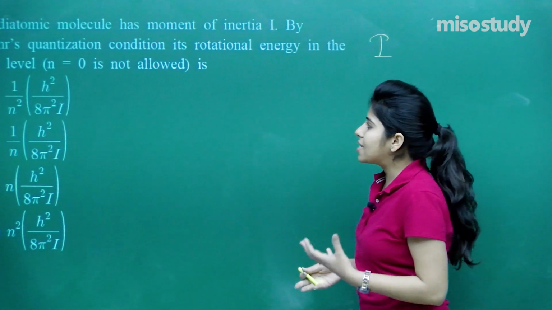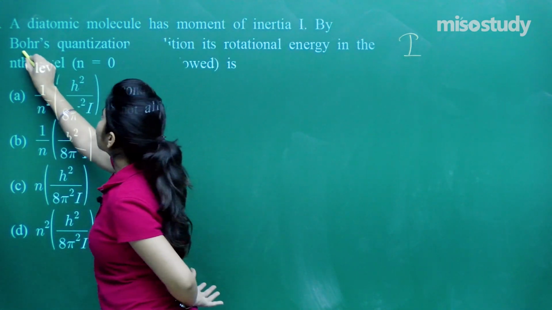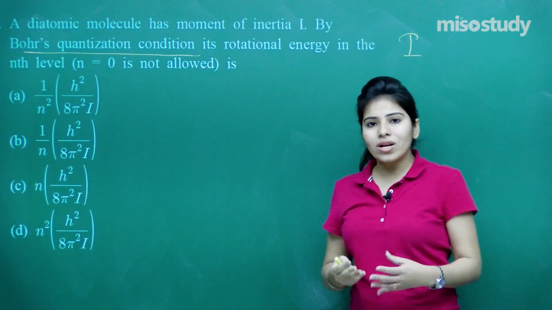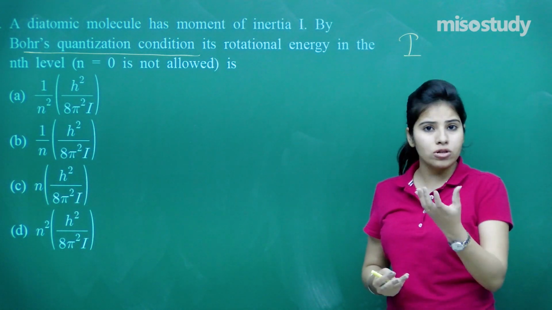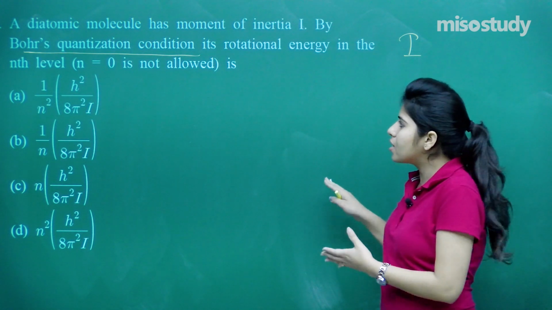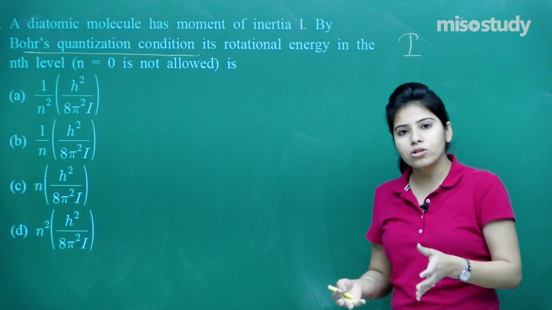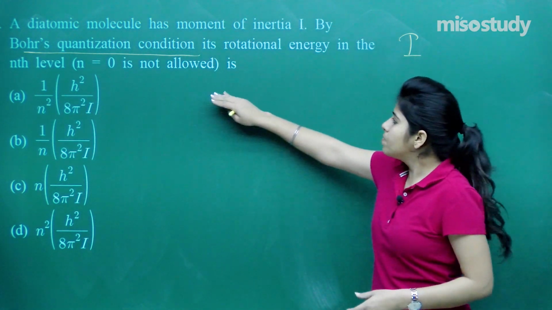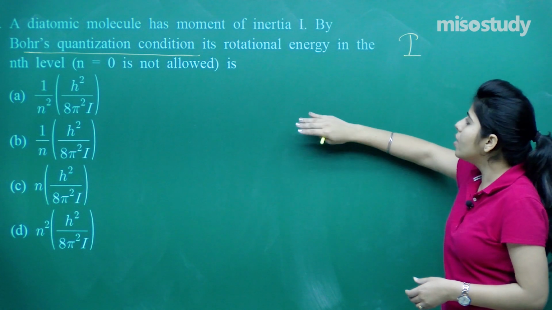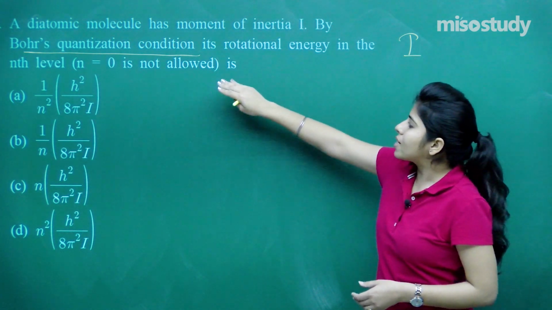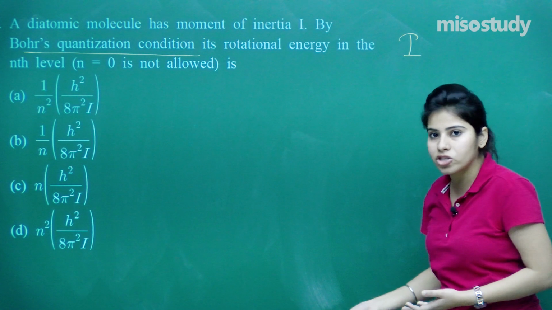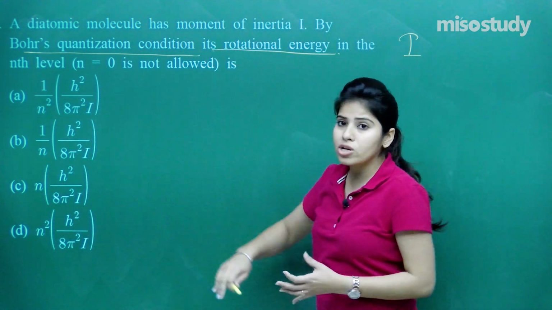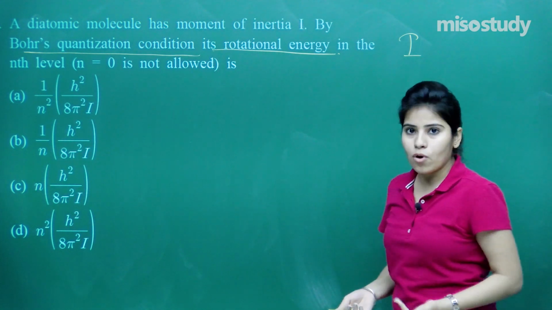By Bohr's quantization condition, again Bohr's quantization condition. Let me tell you friends that in this chapter the questions that will come in your JEE Main and JEE Advanced will basically be from the same topic, that is Bohr's model, X-ray spectra and like this. So again the same question, Bohr's quantization condition we have to apply. By Bohr's quantization condition, its rotational energy in the nth level, where n equals 0 is not allowed, will be what?